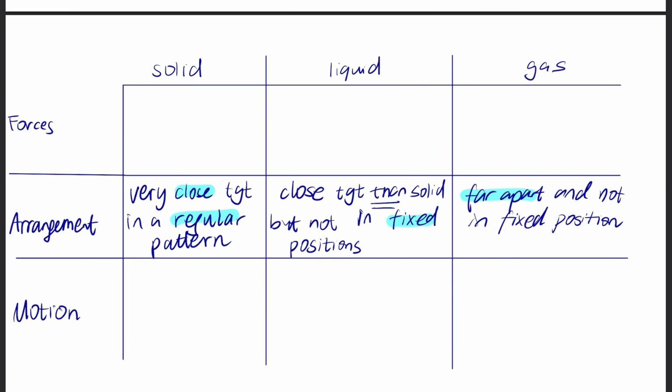Moving on to force. So why is it in such an arrangement? Is it because of a certain force pulling the atoms or molecules close together? So, say with me, in solid, the particles have very strong forces that bind them together.